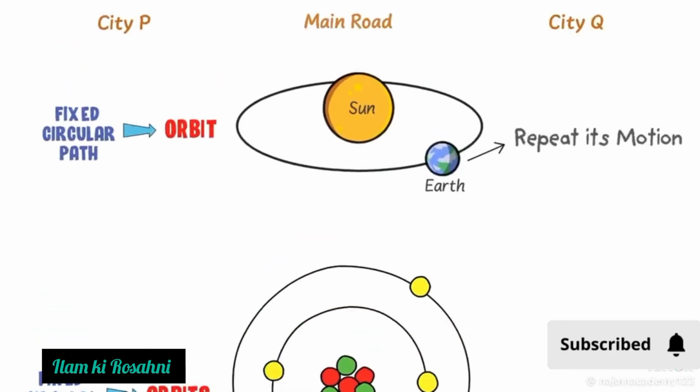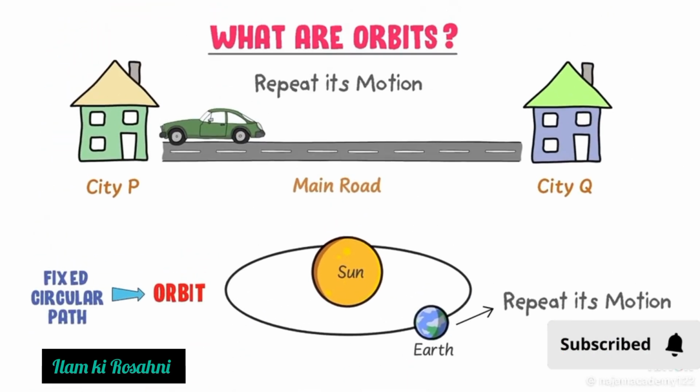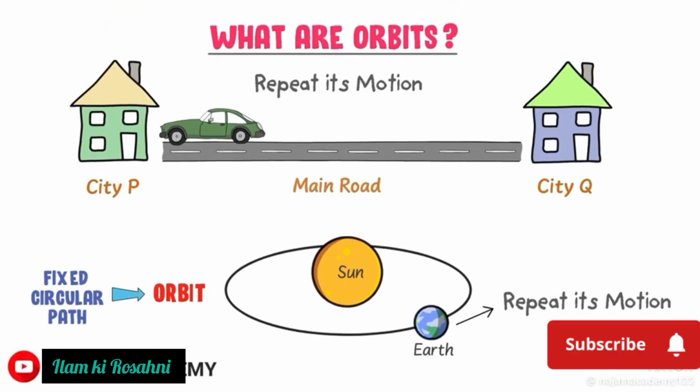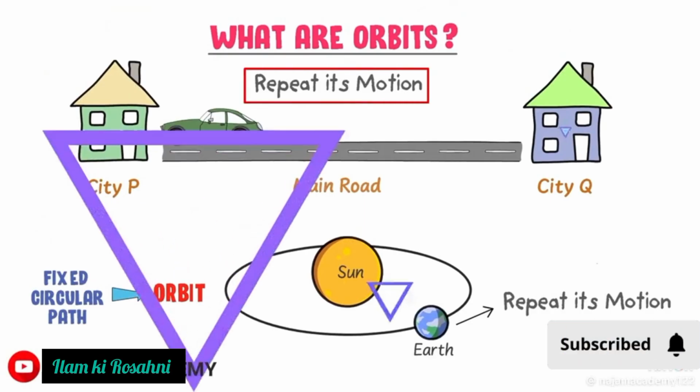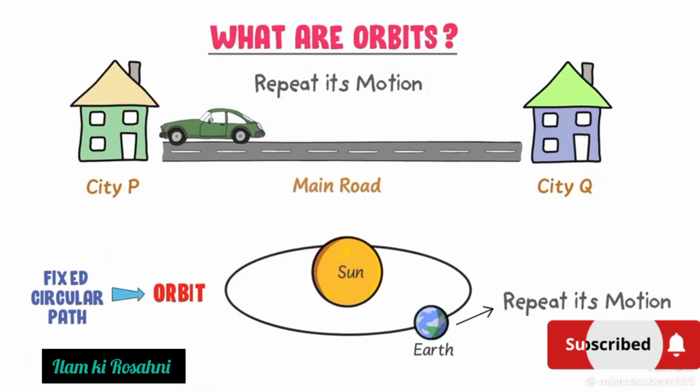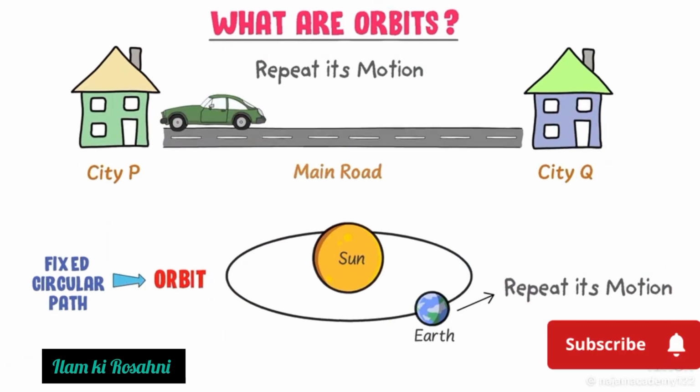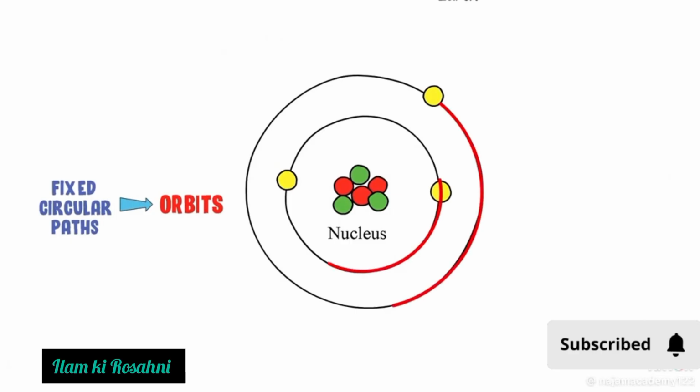Now listen carefully. This car moves over the same straight path and repeats its motion. The Earth moves over the same circular path or orbit and repeats its motion. Similarly, electrons also move over the same fixed circular paths and repeat their motion.